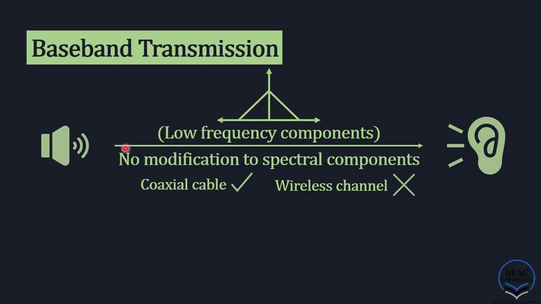As you can see, in this path there is no modification block, so the signal is transmitted without any modification to its spectral components. One thing to note, low frequency components are more prone to interference and attenuation. That's why baseband transmission is not suitable for transmitting a signal over a long distance. It is better to transmit a baseband signal through coaxial cable, and not using a wireless channel is recommended.